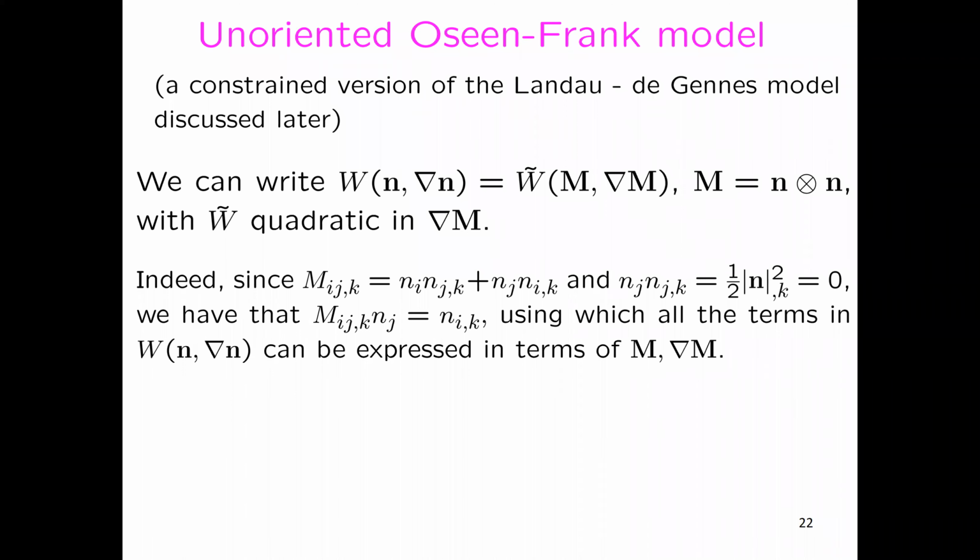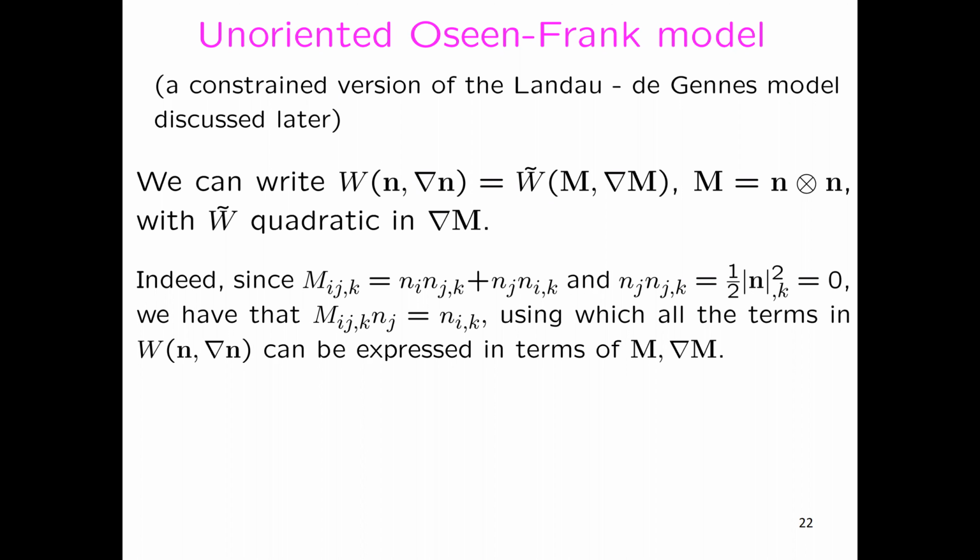And so you see that m_ij,k n_j is n_i,k. So wherever you see the gradient of n in the Oseen-Frank energy, you can replace it by m_ij,k n_j, and then wherever n_k appears, you get an n_j n_k, and that is just a component of M.